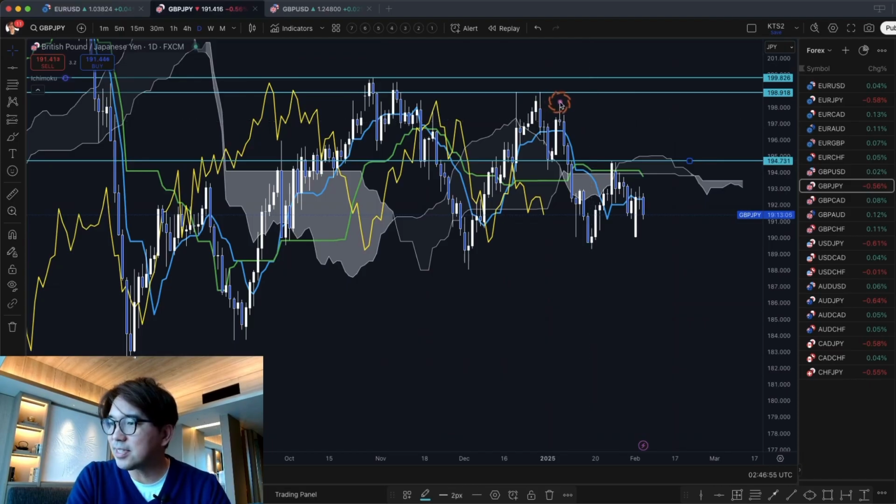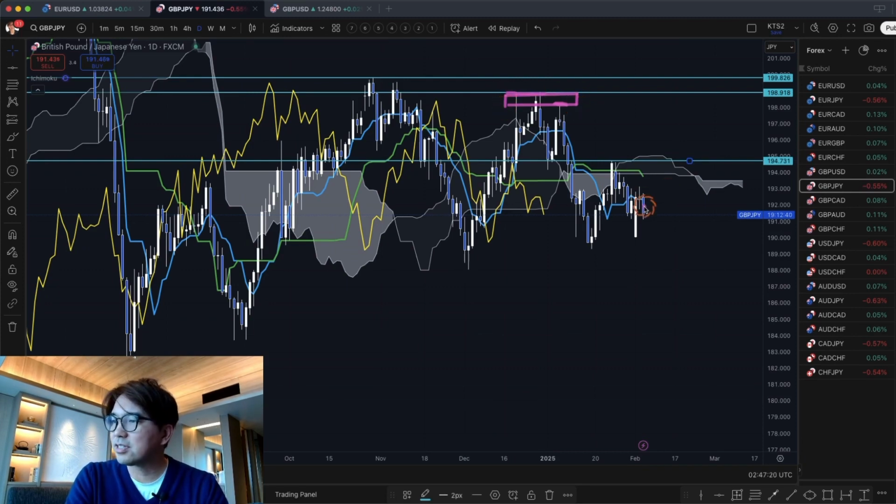Okay, so this is the resistance I was talking about, and here as well. So this is like a double top, and here is another resistance. But since these are close, and this is only one resistance level here, I take this more as a resistance zone, like this.